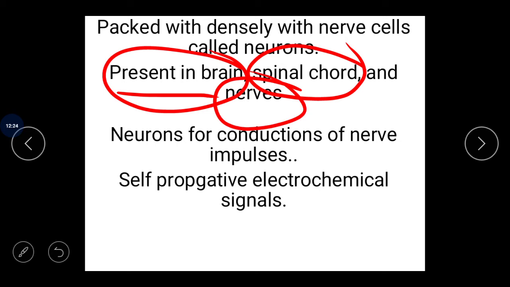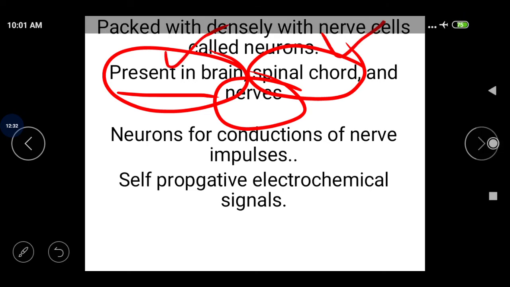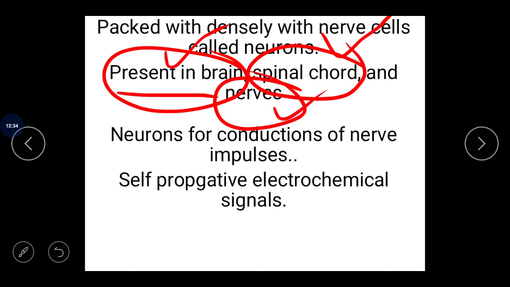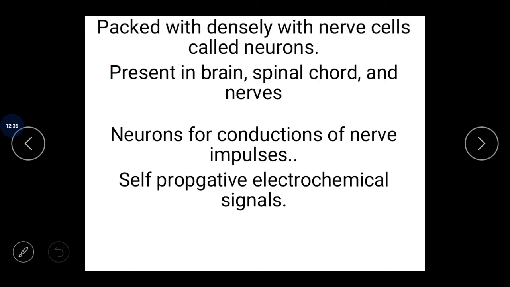So you'll find the neurons, or nerve cells, in the brain, in the spinal cord, and in the nerves. And what is the function of the neurons? What's the function of the nerve cell?